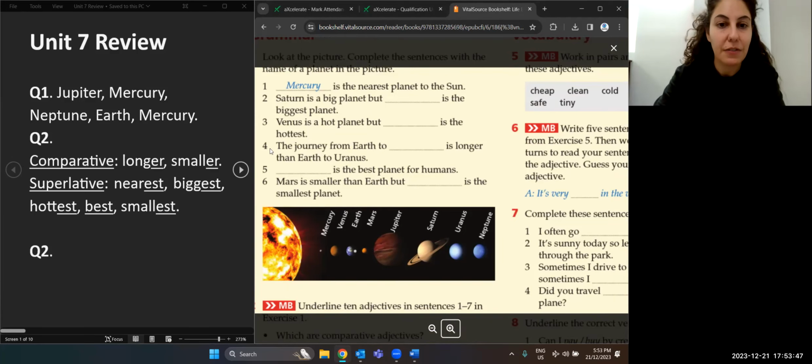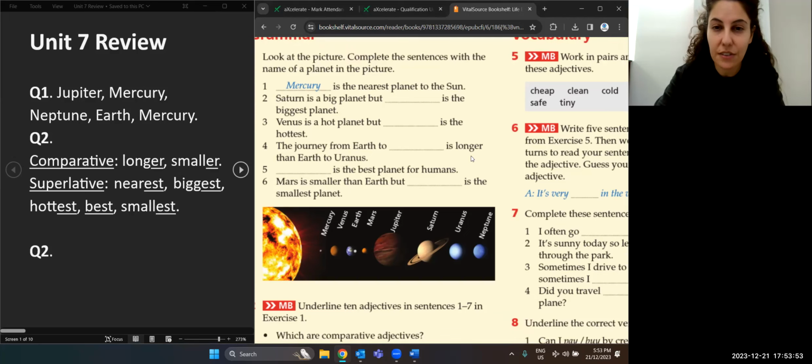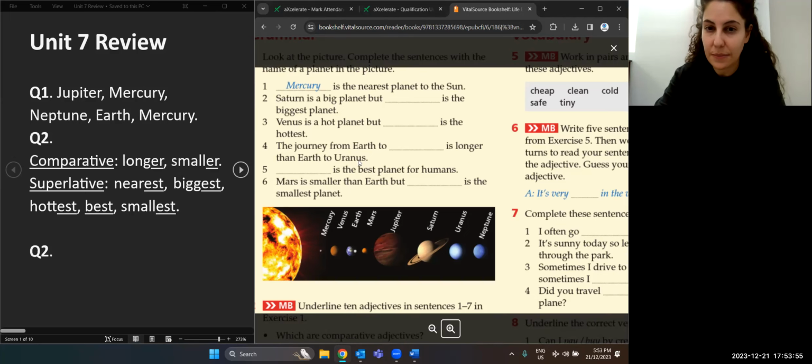Number 4. The journey from Earth to something is longer than Earth to Uranus. The journey from Earth to, so Earth is here. Yep. Neptune. So the adjective is long, and it's only comparing two things.